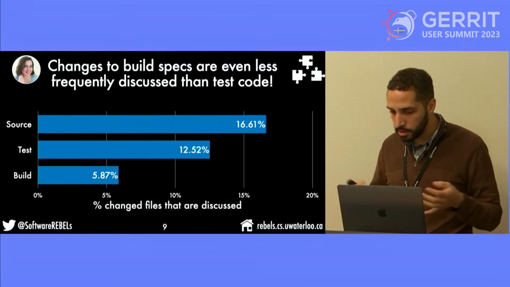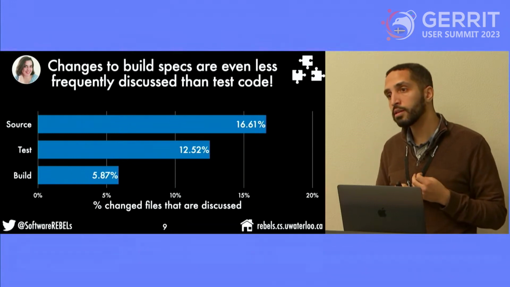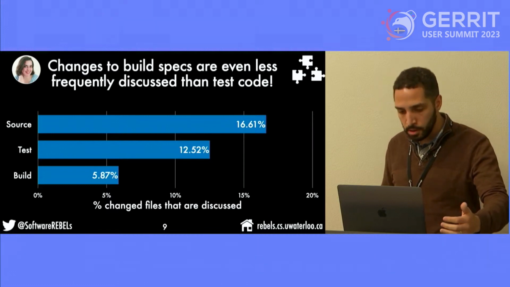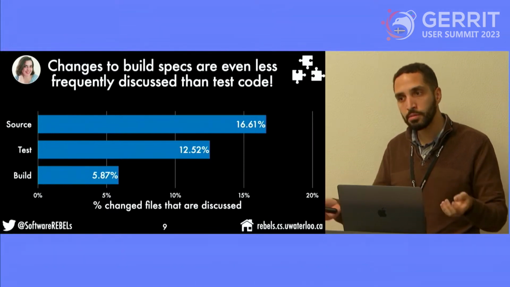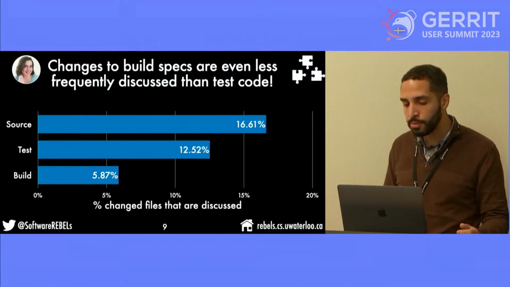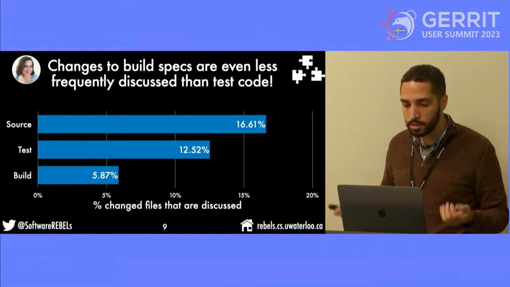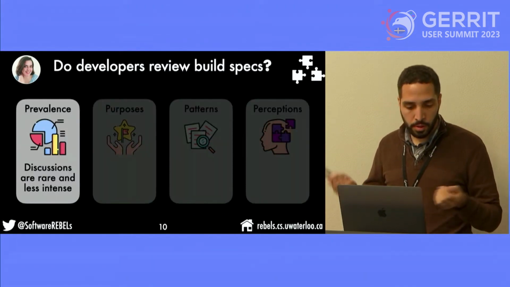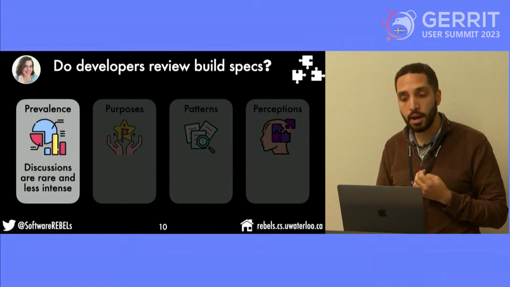So in the examples that we analyzed, 16% of source files, when they change, had some discussion. 12.5% of test files, when they change, had some discussion. And only 5.87% of build files, when they change, receive some discussion. So what do we take away? Well, discussions on build files are rare.